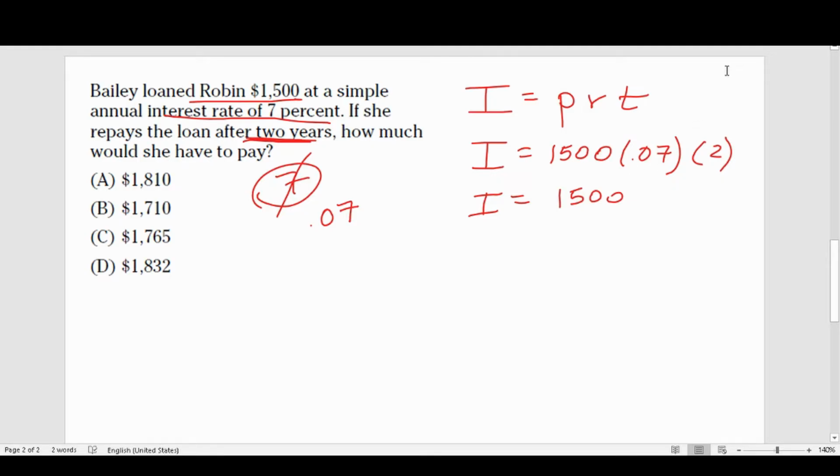Again, that's the same as doing 2 times 7, albeit a decimal. 2 times 0.07 is going to be 0.14. If you found it more helpful to do 2 times 1,500, that would have been 3,000, and then it would have been 3,000 times 0.07. But that said, we can see that we have 1,500 times 0.14, so we got to go ahead and work that out off to the side since it's a decimal.